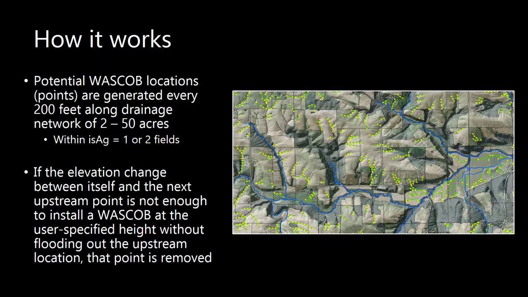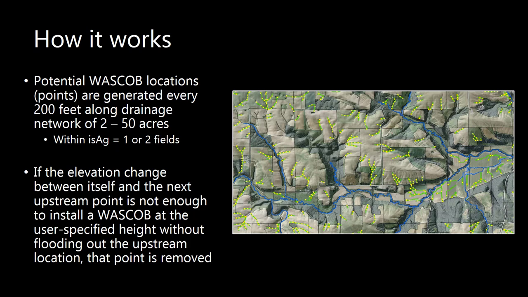So here's a brief explanation of how the tool works. Flow paths that drain at least 2 to 50 acres are found, and then points are created every 200 feet along those flow paths, and these must be within agricultural fields. Pasture is included in this case, so the ISAG value can be equal to 1 or 2. We then test to make sure that there won't be flooding happening.